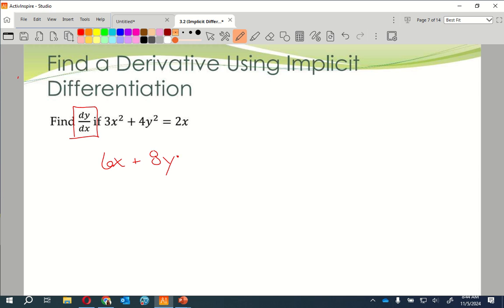And I am not going to typo this one again. Equals, derivative of 2x is 2.